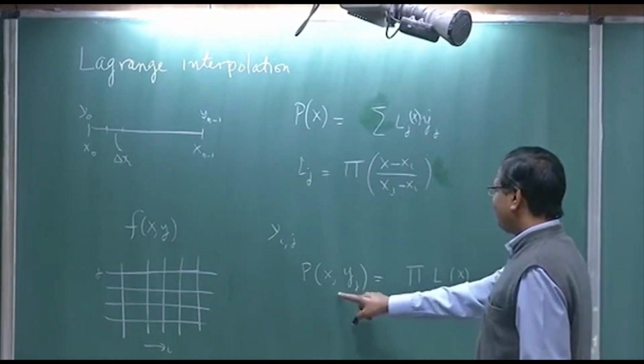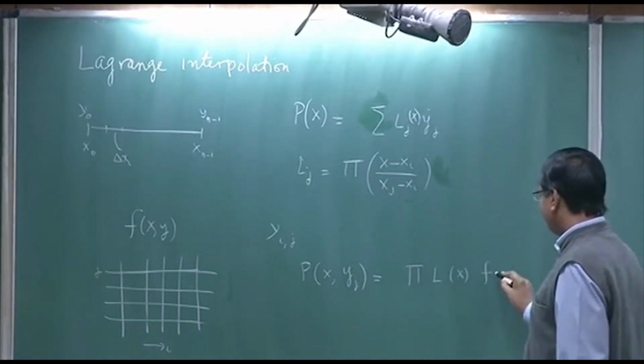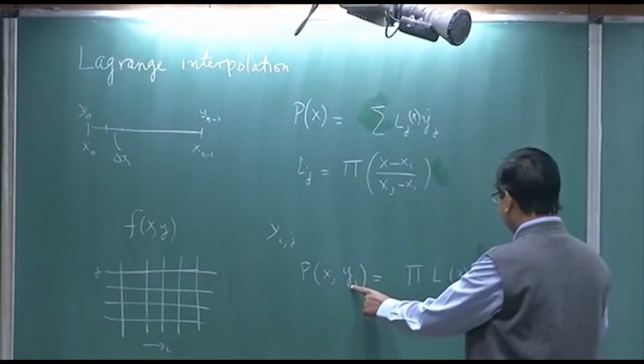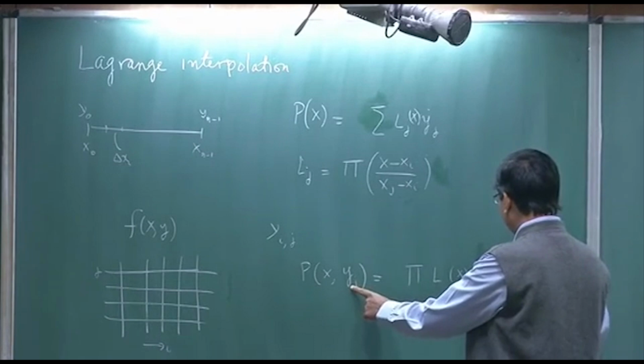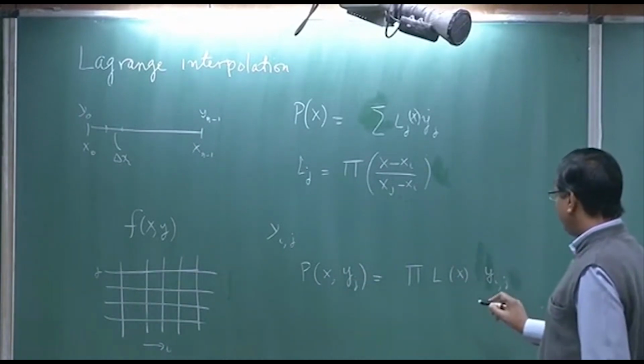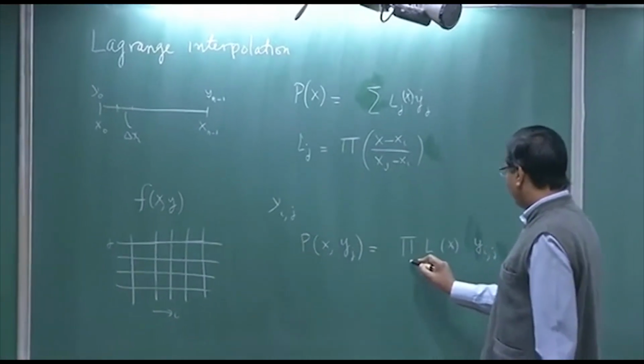Now I will use y i comma j, but now I am summing over all i's.